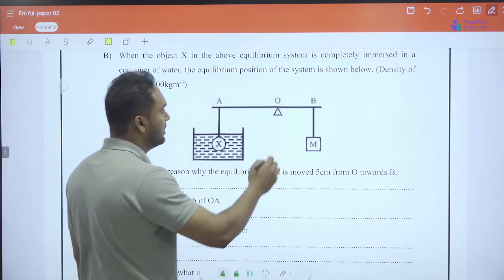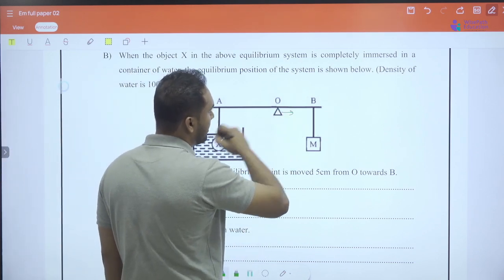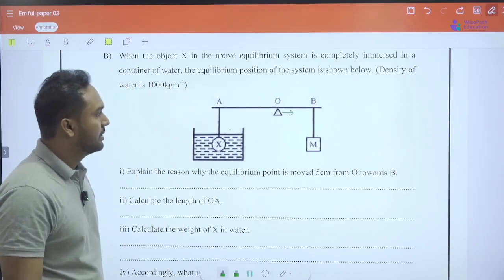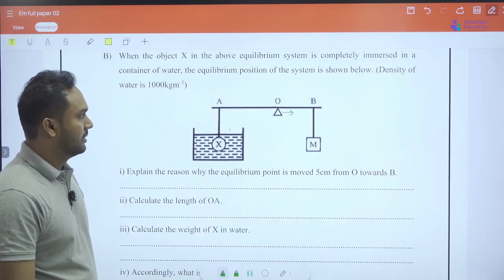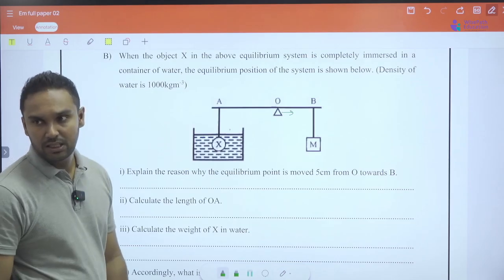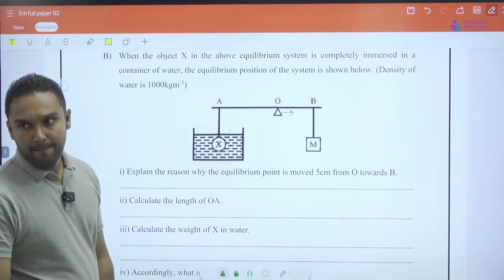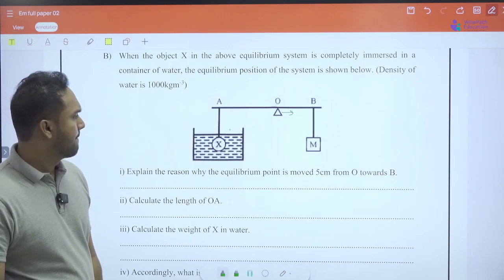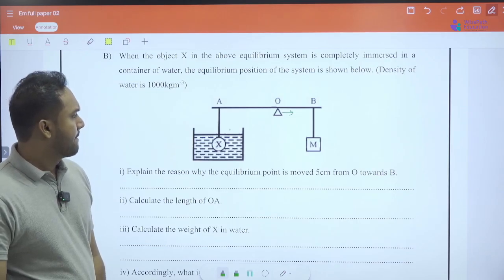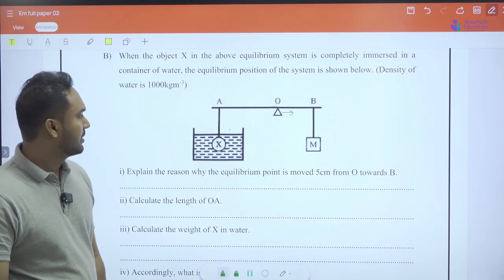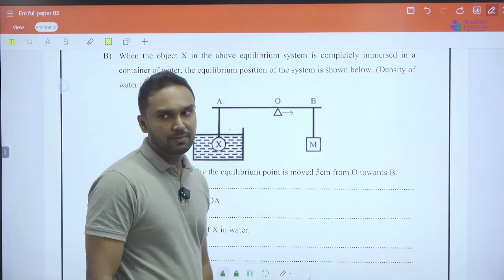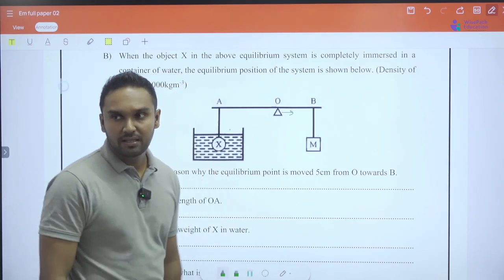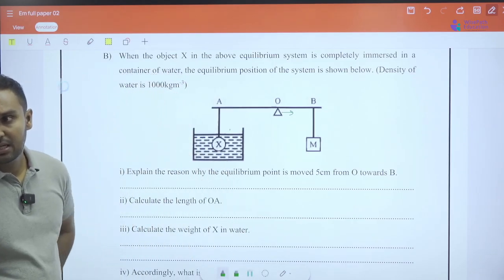Now it has moved a little bit towards B, shortening the length of M. The downward force acting on X is reduced because there's an upthrust, and the torque is reduced, right?